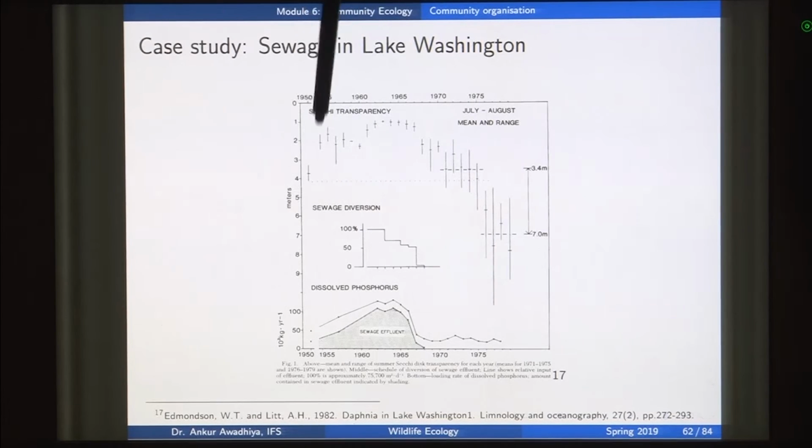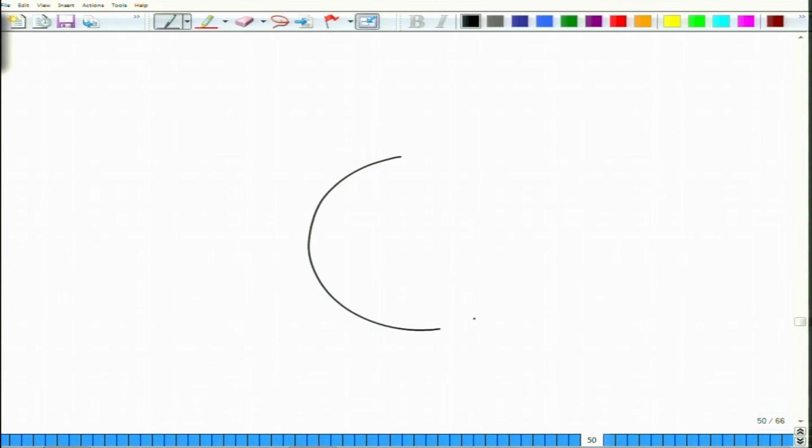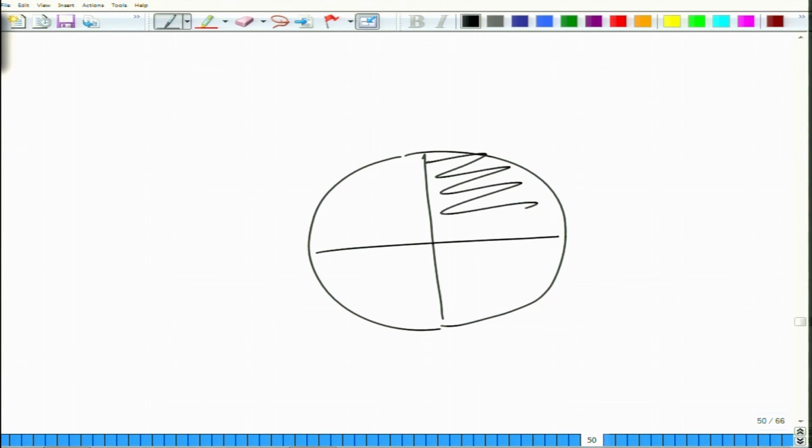Once you have these nutrients in the water, here we are looking at the Secchi transparency. Now, Secchi disk, as we have seen in one of the previous lectures, is a disk that is roughly 30 centimeters in size, and in this disk you have 4 portions, and 2 of the portions are black in color and 2 are white in color, and then this disk has a rod.